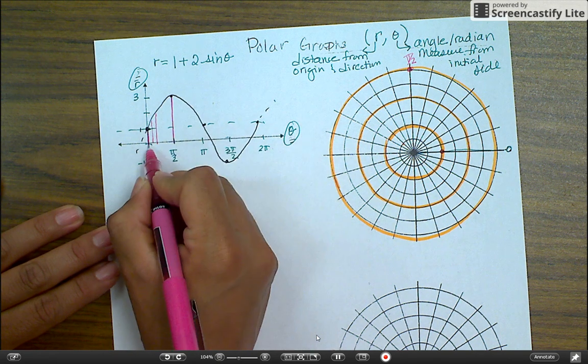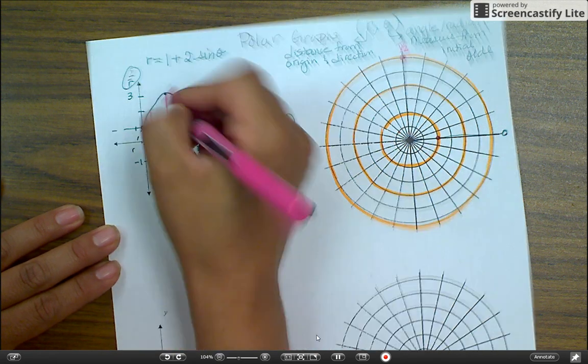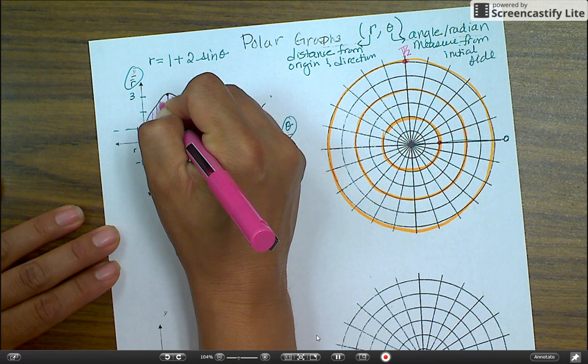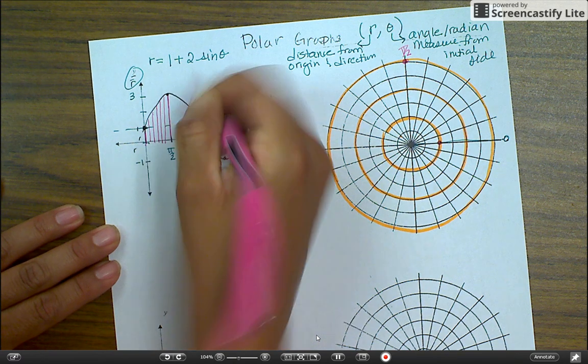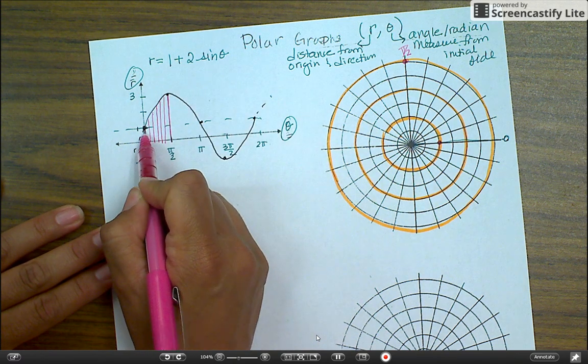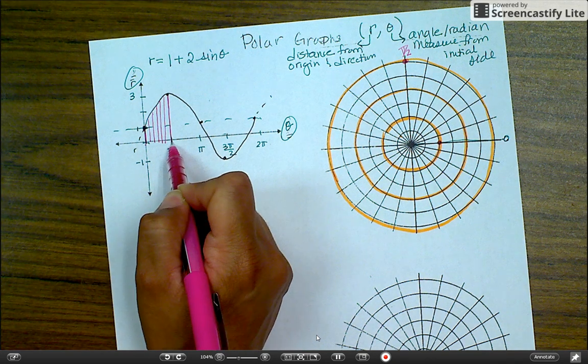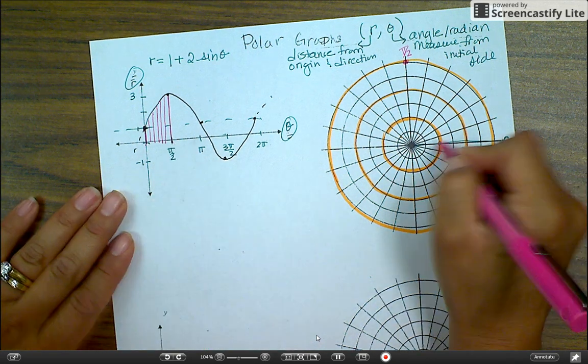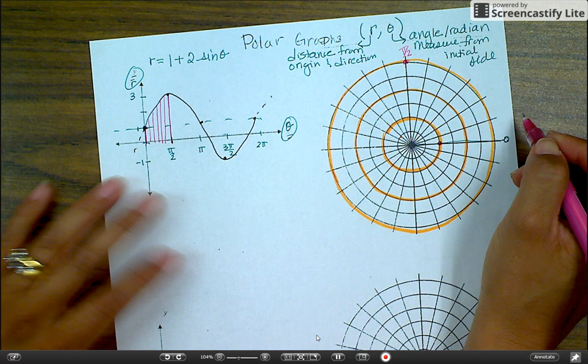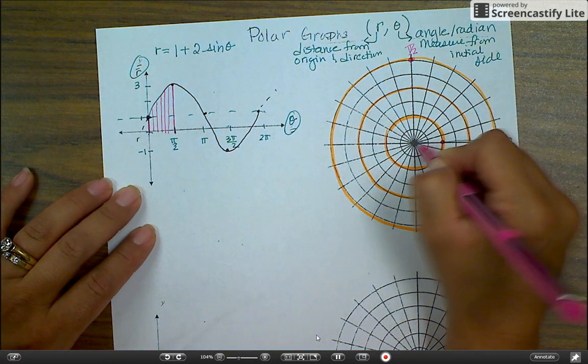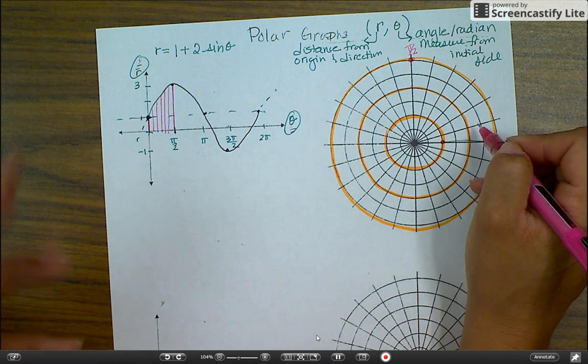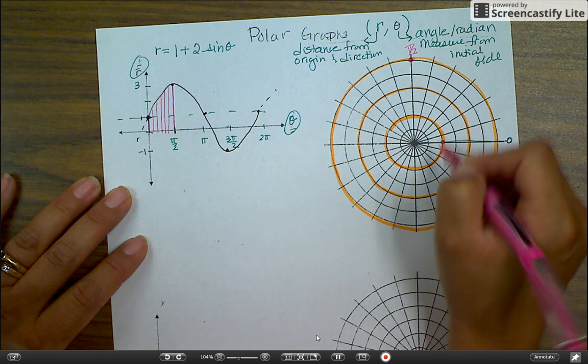As I progress from 0 radians to pi over 2 radians, I notice that my r is increasing. The smallest r that I'm going to have is 1, and the largest r that I'm going to have is 3. So I'm just going to sketch this. This is not accurate at all, okay? But the picture is going to look generally the same shape as what we want it to be.